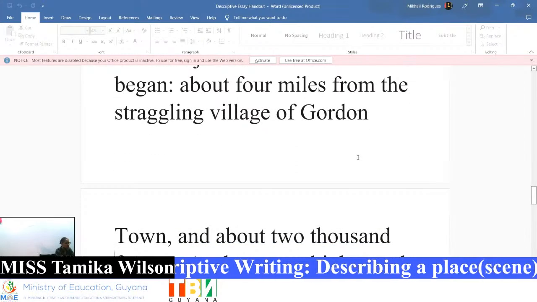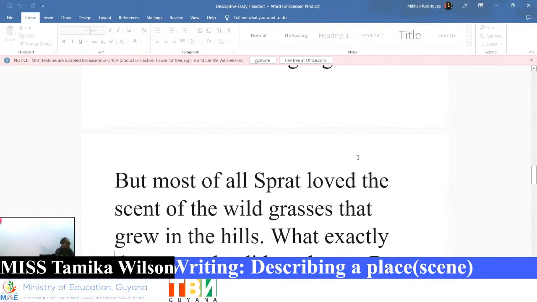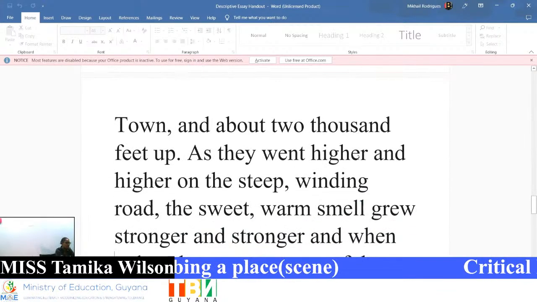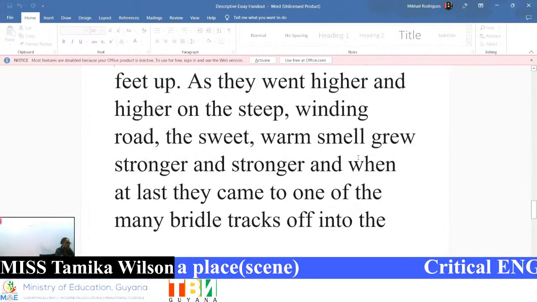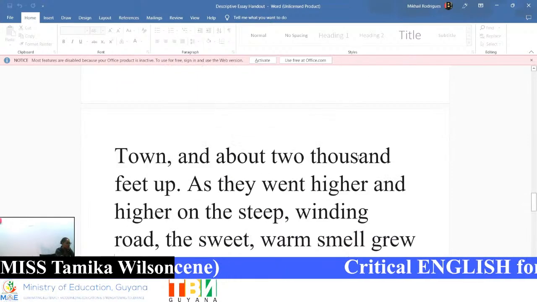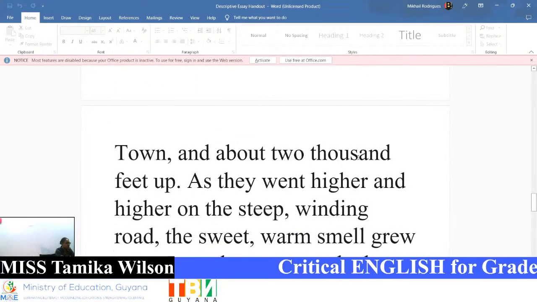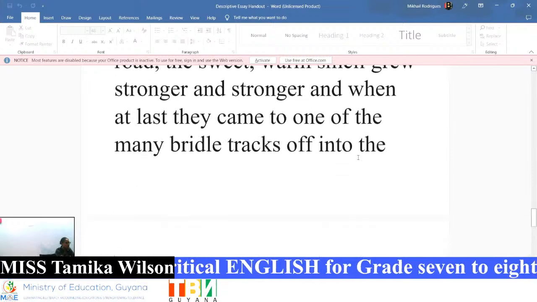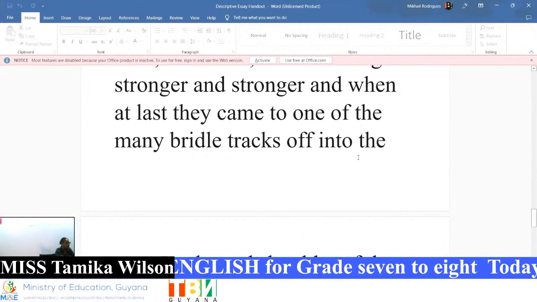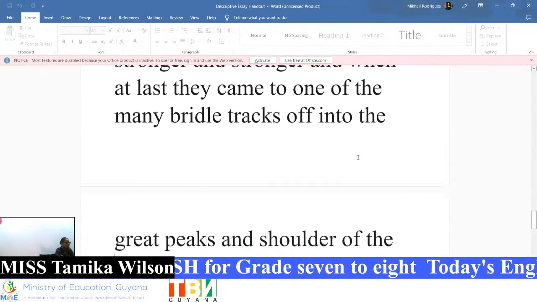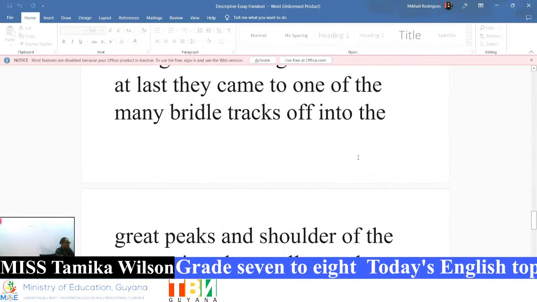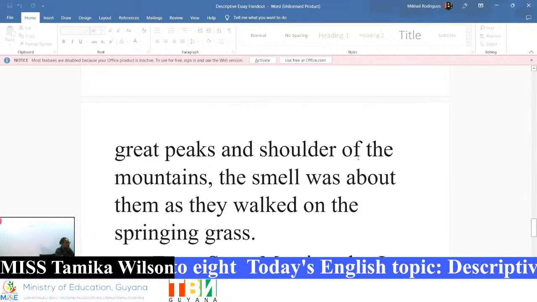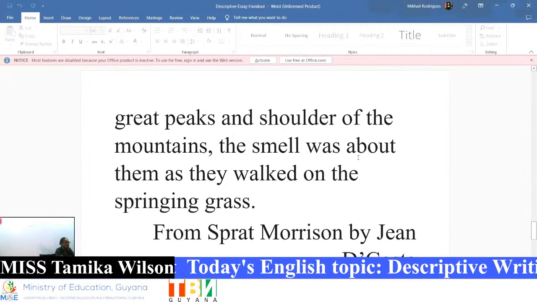So in this paragraph, we are seeing the writer appealing to the reader's sense of smell. All right? As they went higher and higher onto the steep, winding road, the sweet, warm smell grew stronger and stronger, and when at last they came to one of the many braided tracks off into the great peaks and shoulders of the mountain, the smell was about them as they walked on the springy grass.